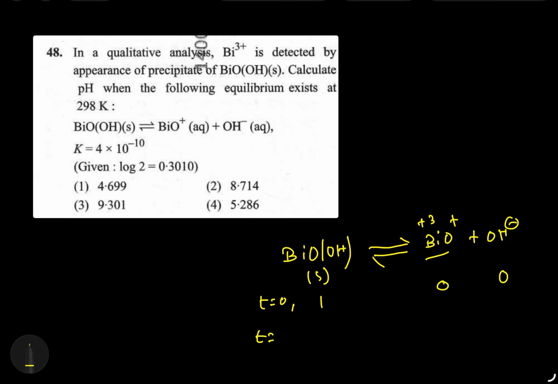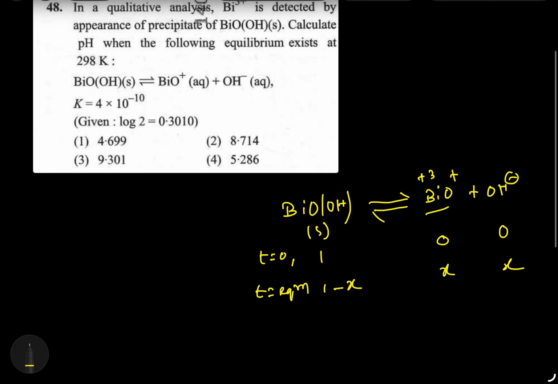At equilibrium, some concentration will be subtracted from the bismuth oxyhydroxide. I'm taking it as x. So the concentrations of the ions that will be formed will be x and x, right? But as we know that x is a very small portion of the bismuth oxyhydroxide, the overall concentration of the solid will not change. It will still remain as 1.